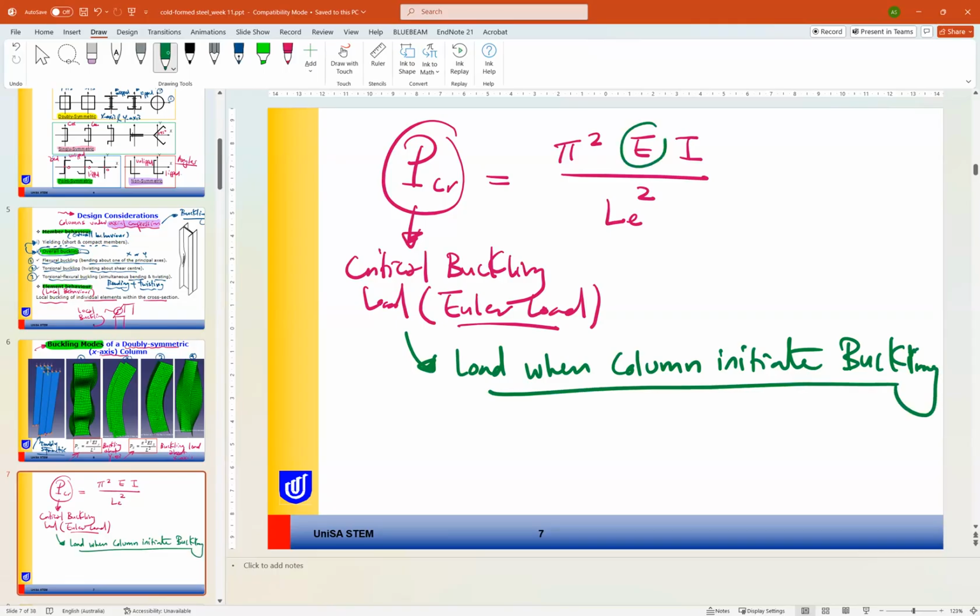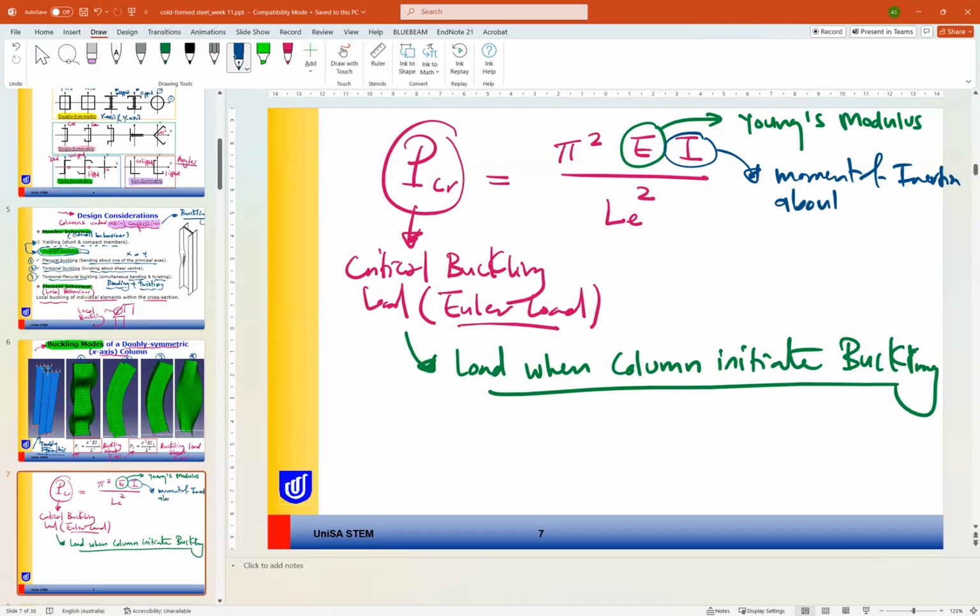Okay, where E is Young's modulus and I, what is I? I is the moment of inertia about the axis we study, the axis under analysis.